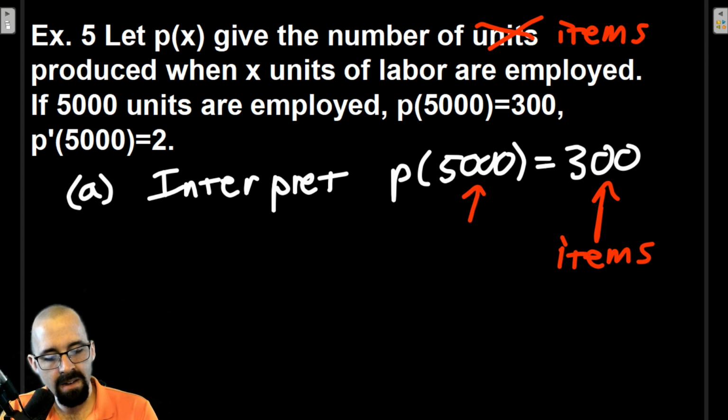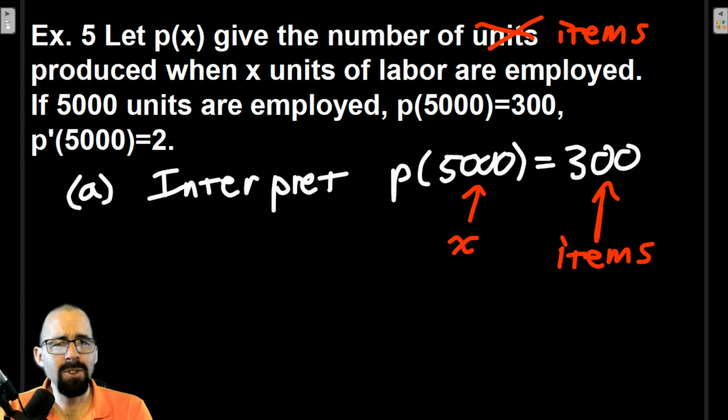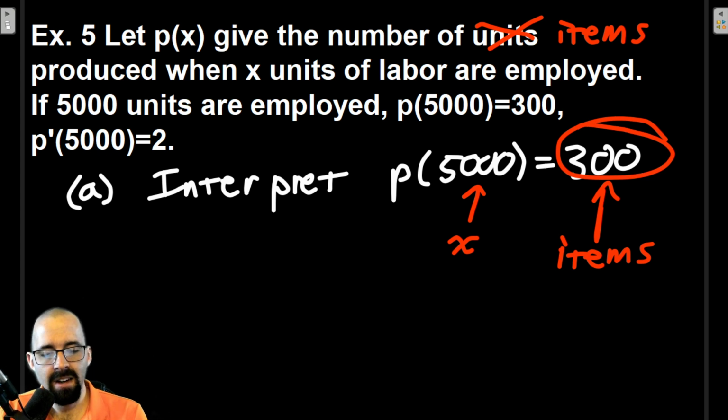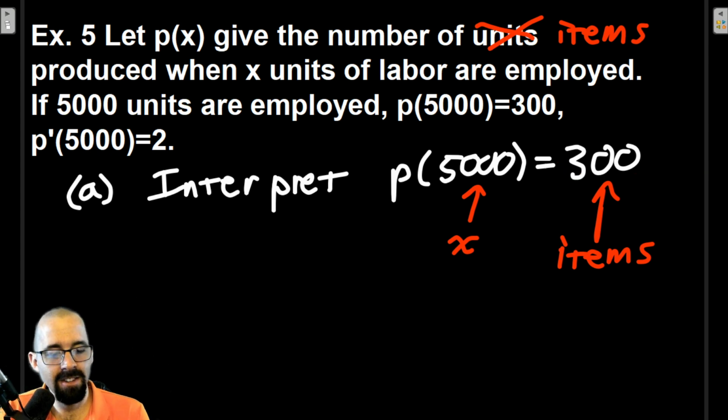Whereas this right here, this is our X. This is how many units of labor. So 5,000 units of labor are giving 300 items manufactured. I don't know what we're building, but it's very time intensive.